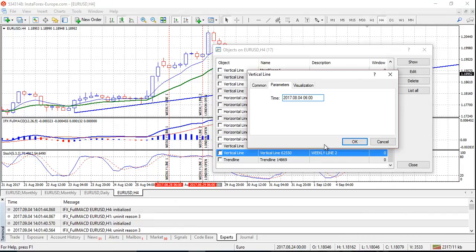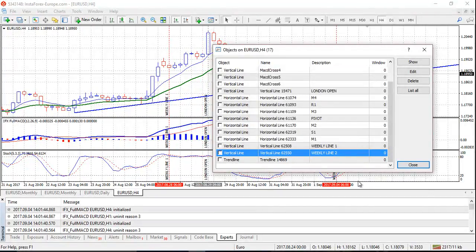04. I have to change this to September, and this is 09, 06 to 06, because the London session opens at 9 a.m. Central African time. So we have to plot the pivot points at least 3 hours to the opening of the London session.